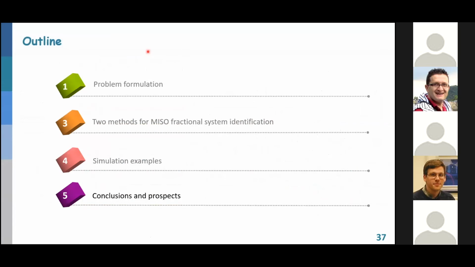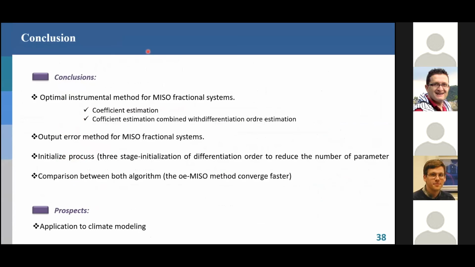So, finishing with the conclusion and some prospects. Here we can see that the optimal method was used to estimate the coefficients, and it was combined with the Gauss-Newton algorithm to estimate the differential order. We also developed an output error method for the mesofractional system.